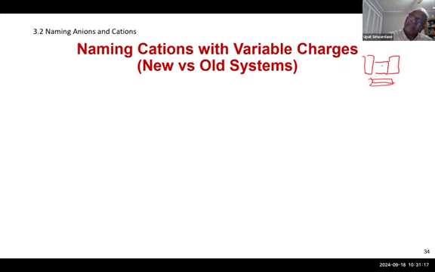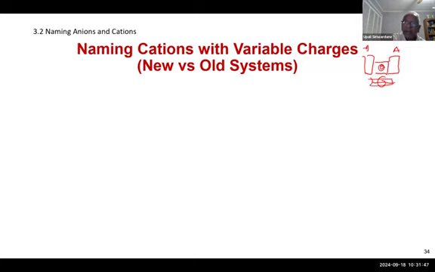This is transition metals. This is lanthanide and actinide. These are main groups, 1A, 2A, 3A, up to 7A. They have fixed charges. Most of them have fixed charges.